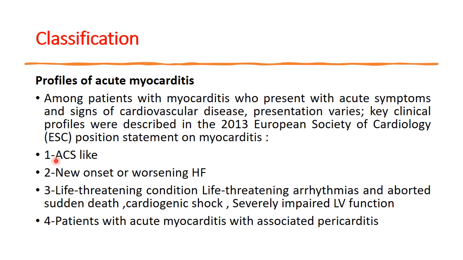The first one is acute coronary syndrome-like presentation. The second one is new onset or worsening heart failure. The third one is life-threatening conditions such as life-threatening arrhythmias, aborted sudden cardiac death, cardiogenic shock, or severely impaired left ventricular function. And finally, patients with acute myocarditis with associated pericarditis.